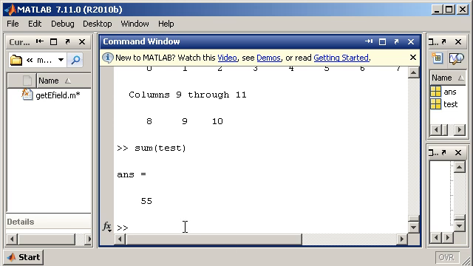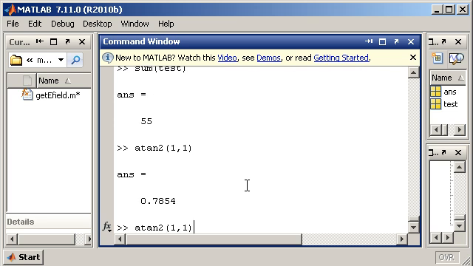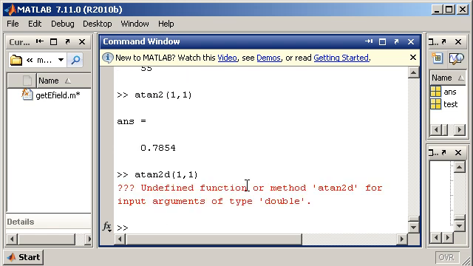So if I got a vector in the first quadrant, let's say I'm at 1, 1, I would expect atan2 to give me 45 degrees. That's not a 45. Let's see if there's an atan2D. So that's not any good.